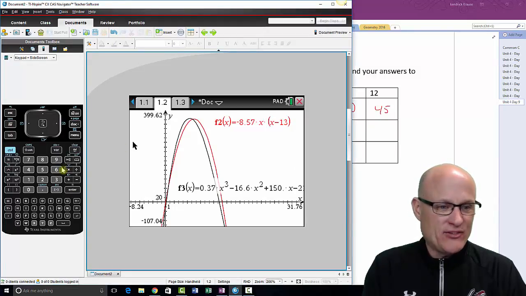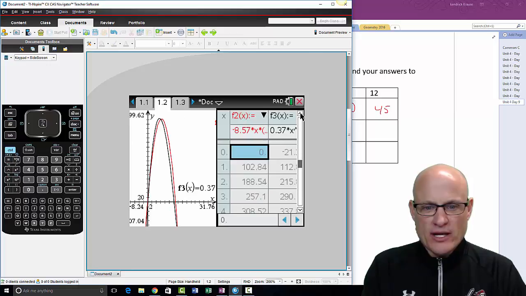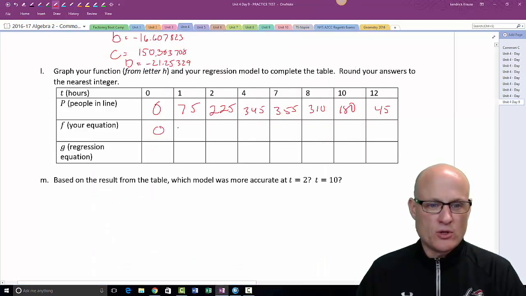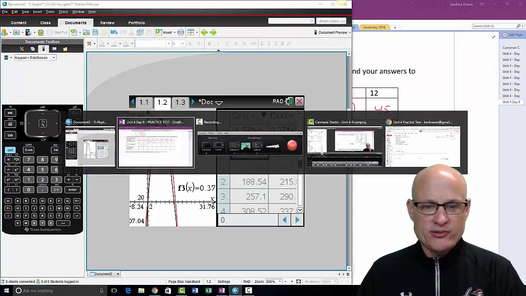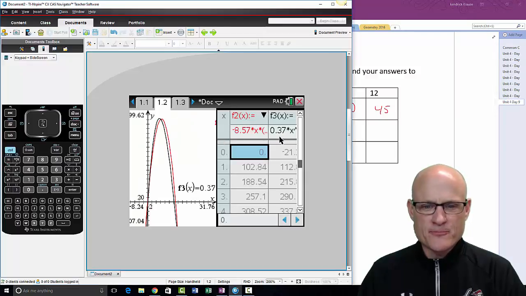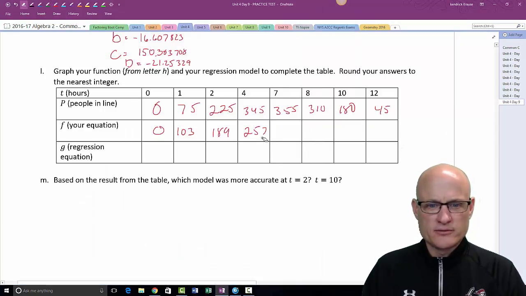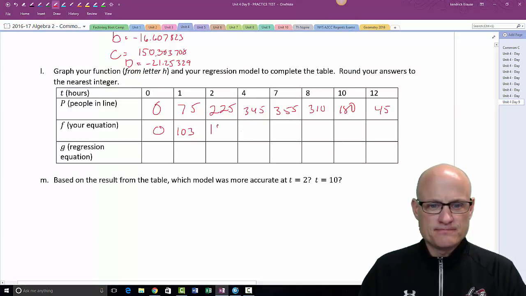So we're going to go to our equation. Red is my original, so Control T. And I'm going to go through red. So 0, 1, 0, 3, 189, 257. 2 was 189.